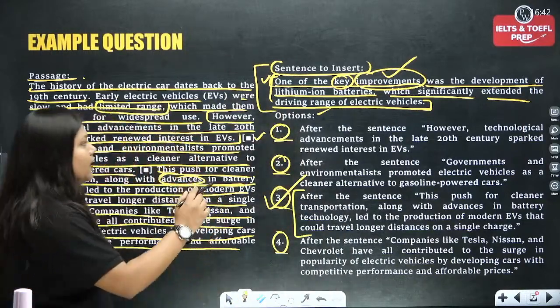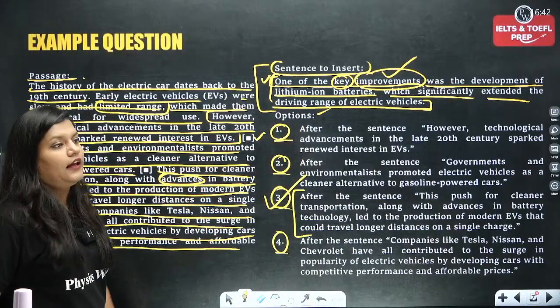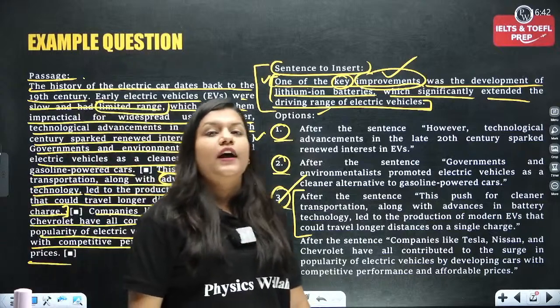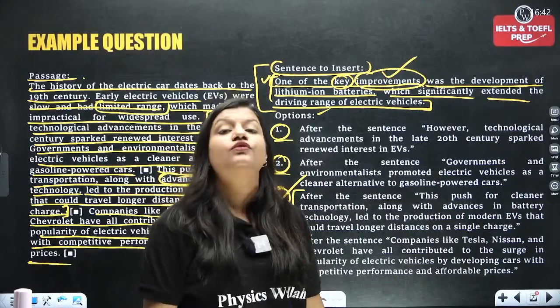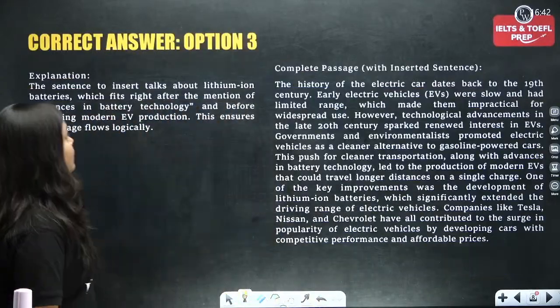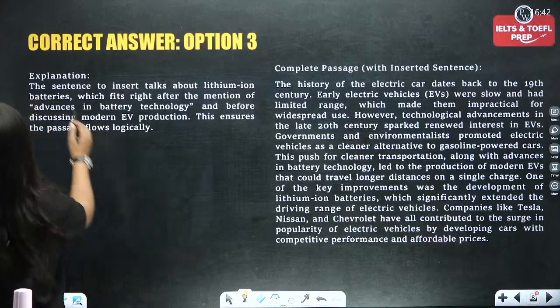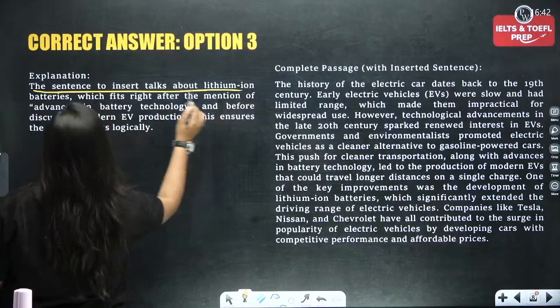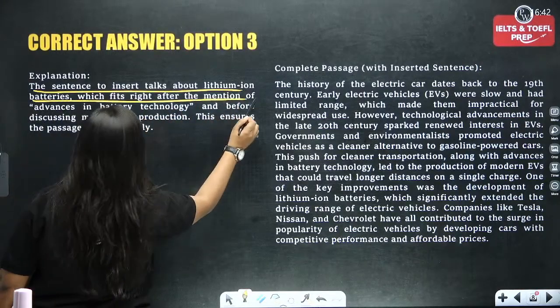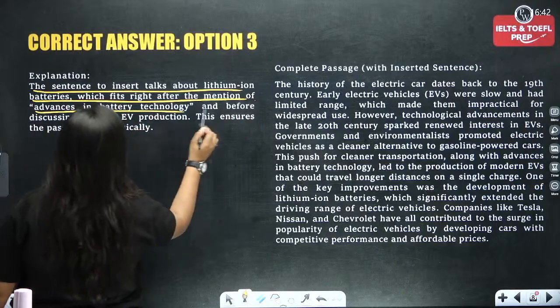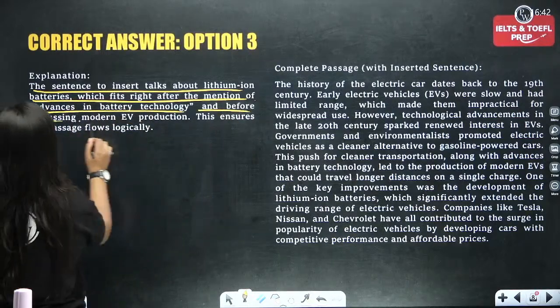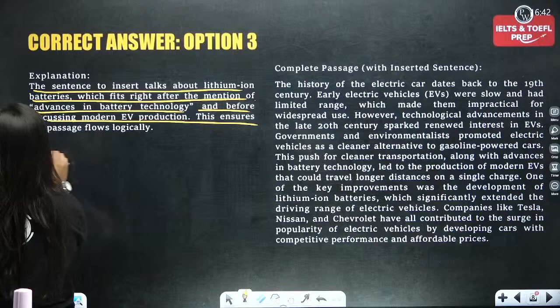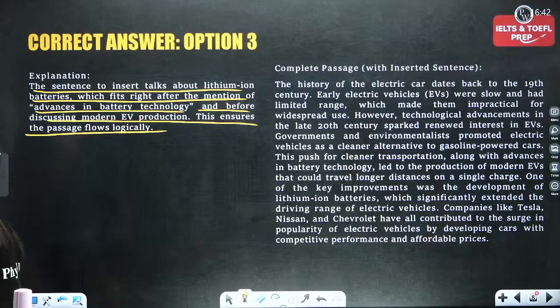So this is where we are going to put it in. Now I think you guys might have an idea how you're going to solve it properly. Okay, now here is your answer. The sentence to insert talks about lithium-ion batteries, which fits right after the mention of advances in battery technology and before discussing modern EVs production. This ensures the passage flows logically.